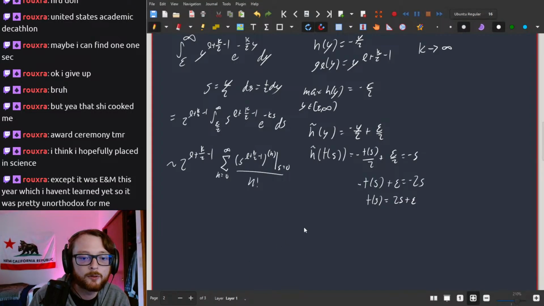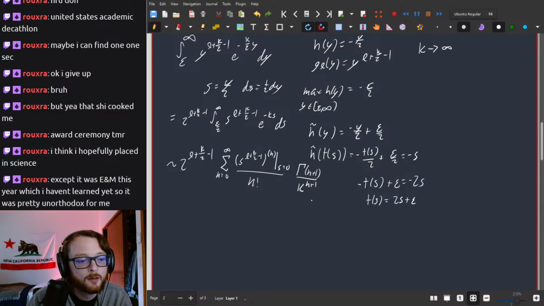Gamma n plus 1 over k to the n plus 1. Well, this sucks.